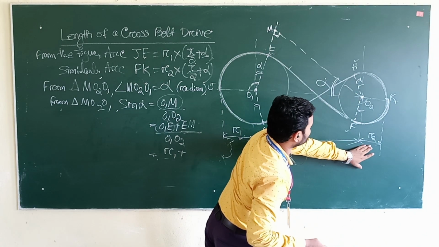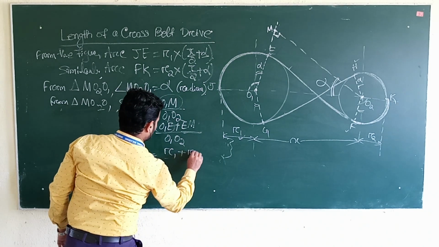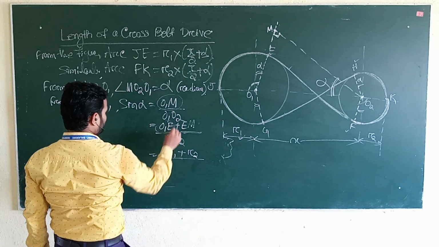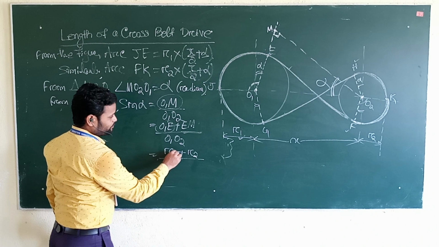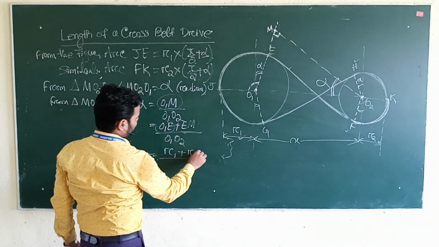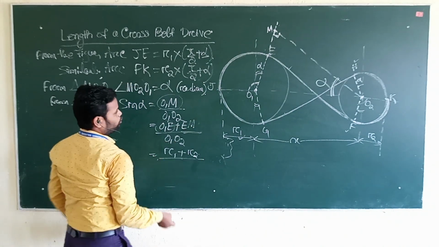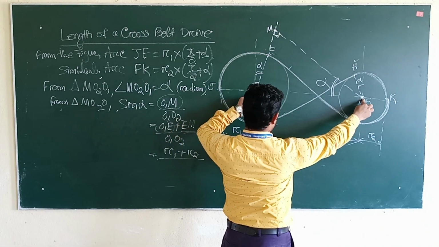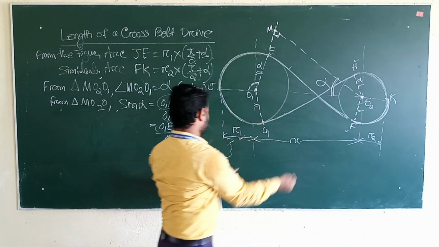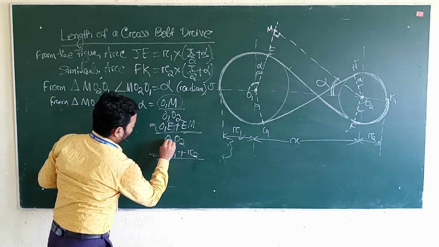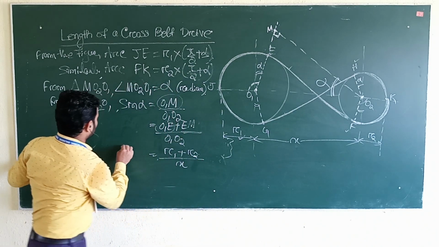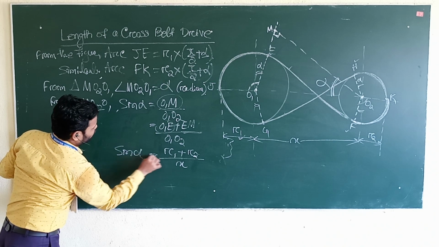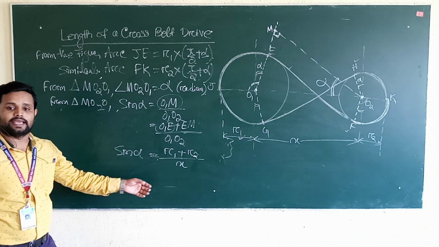O2F is the radius of the smaller pulley, that is R2. So in place of O1E I will write R1, and in place of EM I will write R2. Next O1 O2. We know that the distance from one pulley to another pulley, O1 O2, is small x. So the value of O1 O2 is x. So sin alpha equals R1 plus R2 by x.